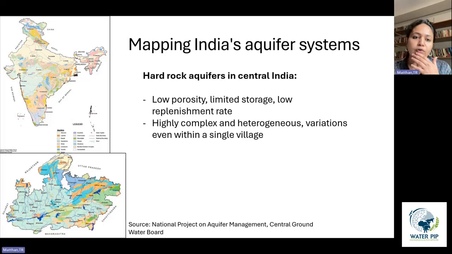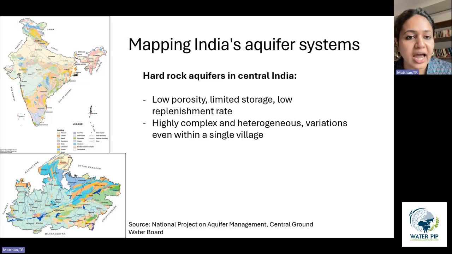So in terms of thinking about mapping India's groundwater, a good place to start is to think about India's aquifer systems. So as you can see in the map here, India is an extremely hydrogeologically diverse country. But the region I focus on, which is Western Madhya Pradesh, as you can see in the image below, primarily has hard rock aquifers, and this is also true of other parts of central and peninsular India.